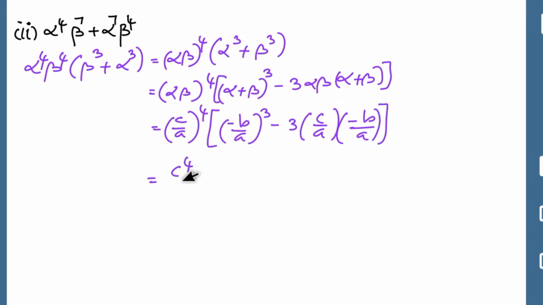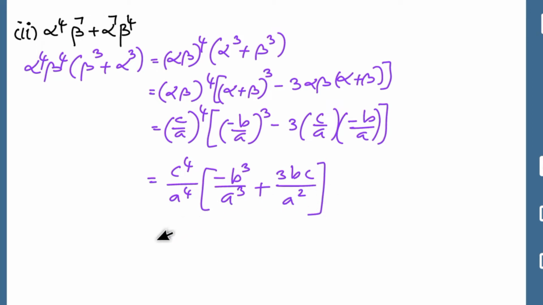That equals c power 4 by a power 4 into minus b cube by a cube, minus into minus plus 3bc by a into a square. Okay, it equals c power 4 by a power 4. What is the LCM here? The LCM is a cube.